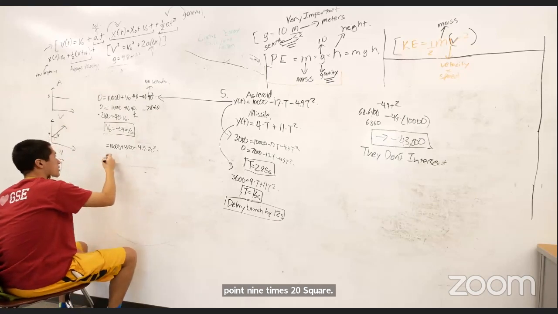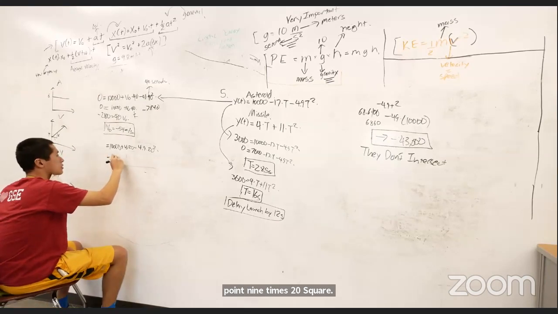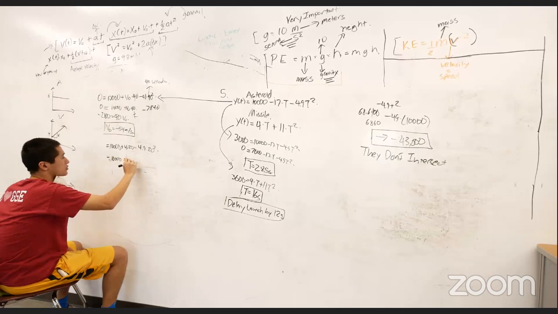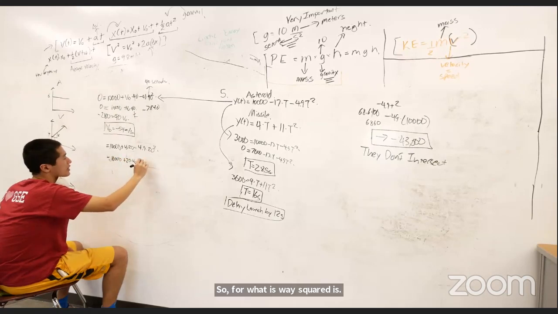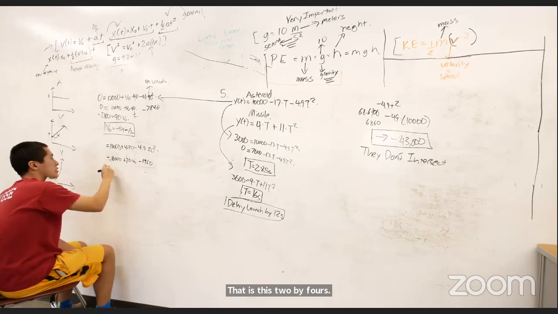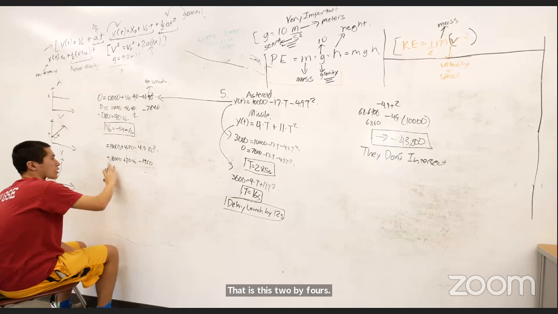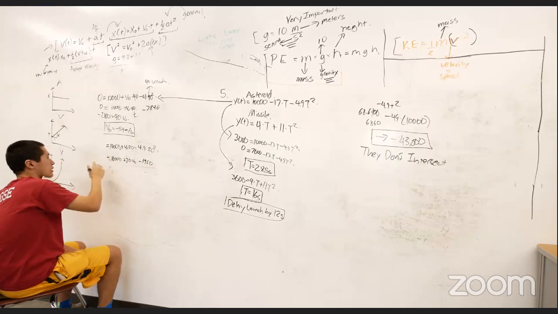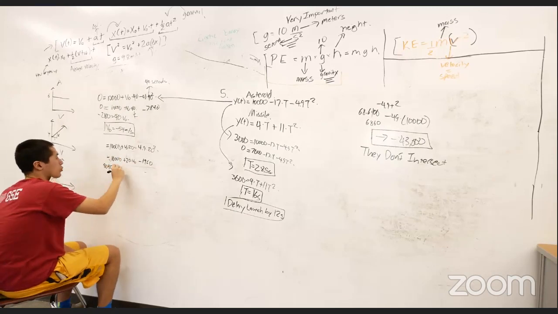This is 10,000 plus 20 times V naught minus, I think this is 1960. Could be wrong. No, it's 1960. Yeah. So this should be 8,040 is equal to 20 times V naught.